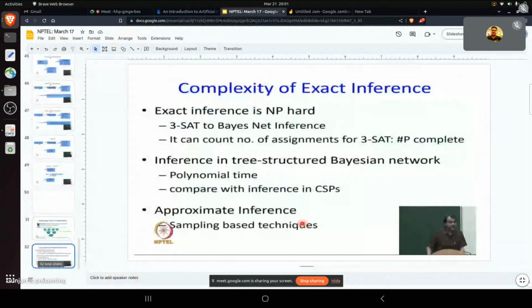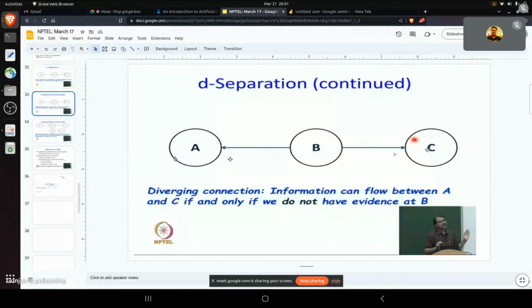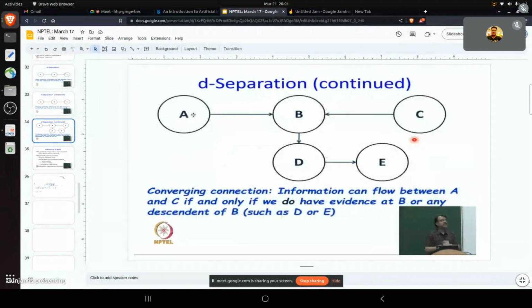The first one is that if you have A, B, C such that there is a linear connection, then A is conditionally independent of C given B. The second rule is that if B is the parent of A and C, then again A is conditionally independent of C given the information of B. And then you have A, C, B, D, where D is the descendant of B, and B is the descendant of A and C. So information can flow between A and C if and only if we do have evidence for B or any of its descendants.